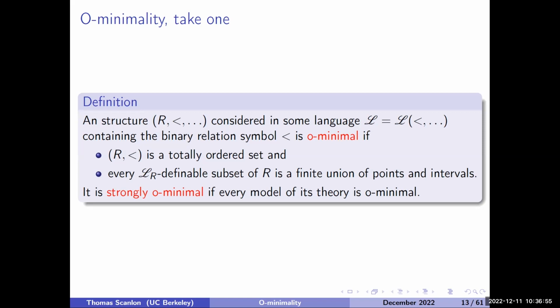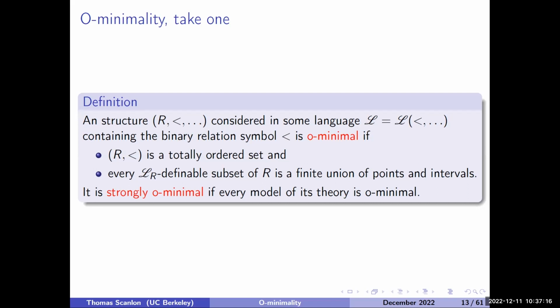But technically what this means is that I take any other structure which satisfies the same first order theory. There's lots of other structures that might have it. Take somebody else's structure that has exactly the same first order theory. It's also O-minimal, so the definable sets in one variable there are finite unions of points and intervals.